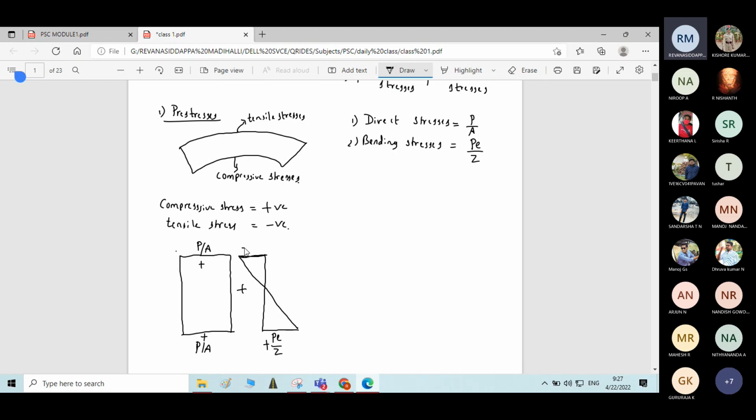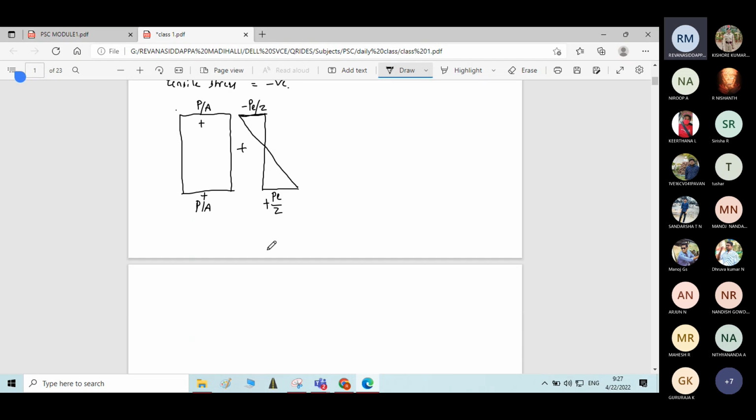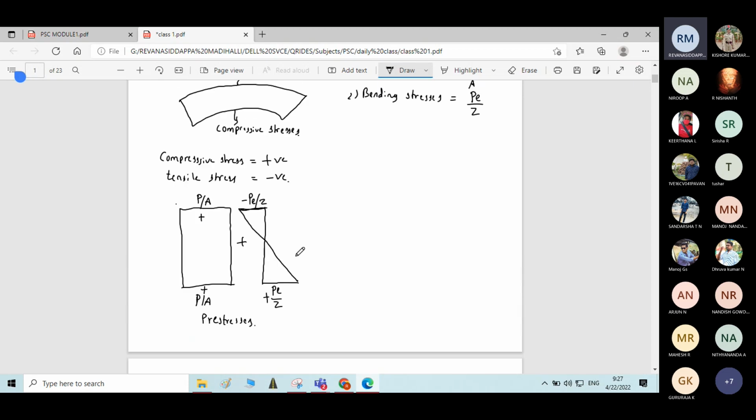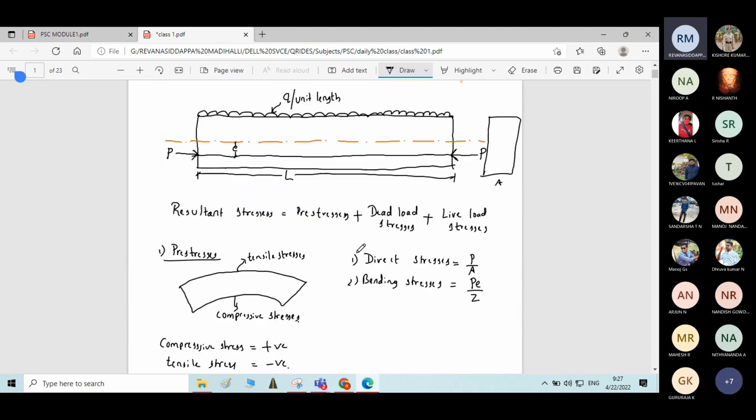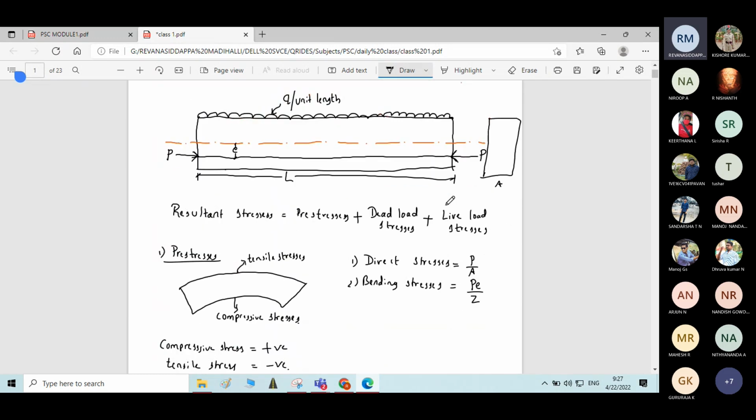Here it will be minus PE by Z. Understood, students? Now we have written the stresses due to prestressing force. This is the prestress. Now we have determined the nature of stress distribution due to the prestressing force P.